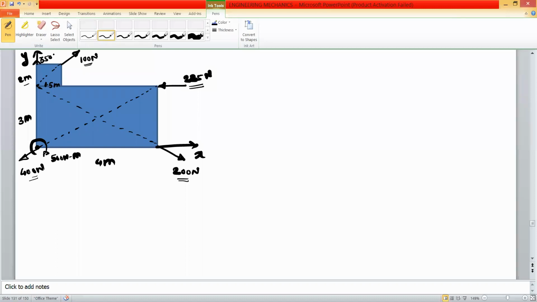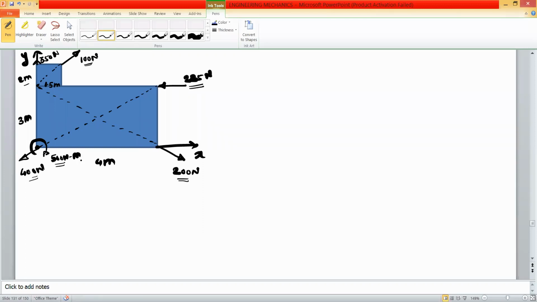The next force is 350 Newton, acting along the y direction, and there is one additional couple whose value is 500 Newton meter. We have to find the resultant of the system.